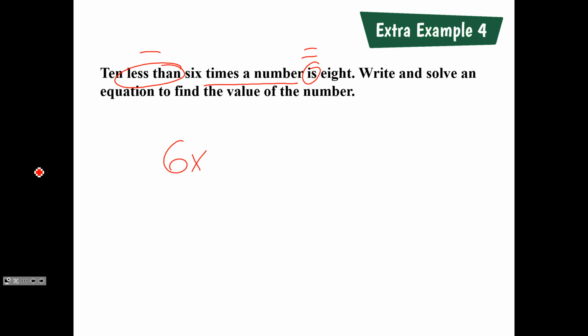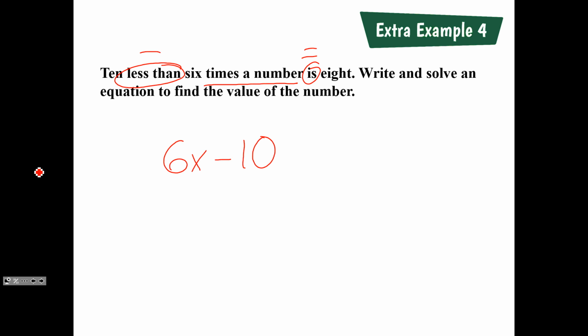Now, our 6x is 10 less than. So how would we represent 10 less than? Minus 10. So we have our 6 times a number, 10 is less than that. It doesn't matter if it's negative 10 plus 6x, but it does matter if you do 10 minus 6x, because then that's not the correct answer, okay?